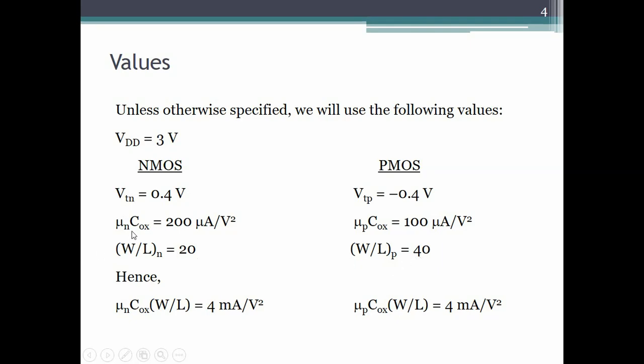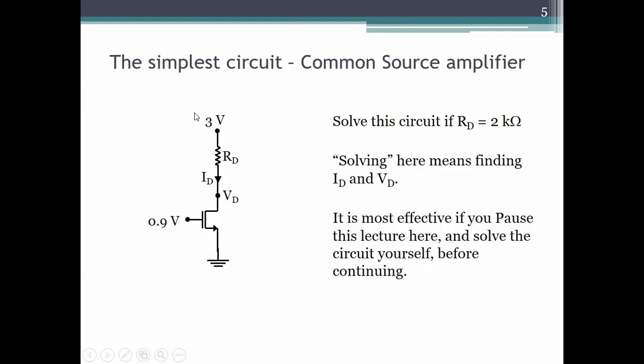And these are such that the product mu n Cox W by L n is 4 and this also is 4. So they give the same mu Cox W by L for NMOS and PMOS. Also VDD we'll use as 3 practically throughout this semester, unless otherwise specified. So okay, let us begin.